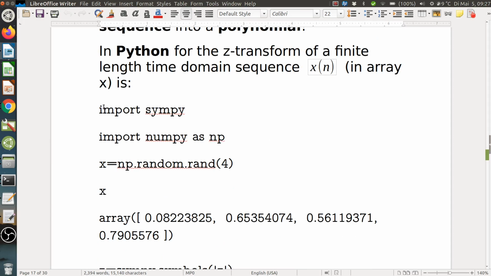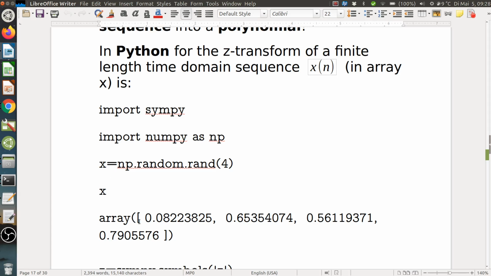So we can first import sympy, the symbolic Python package. So this allows us symbolic computations like with a variable z. Then we import numpy as np. And then we just generate some random sequence, which is now our signal x. Right?